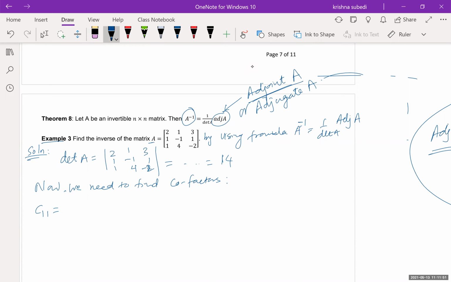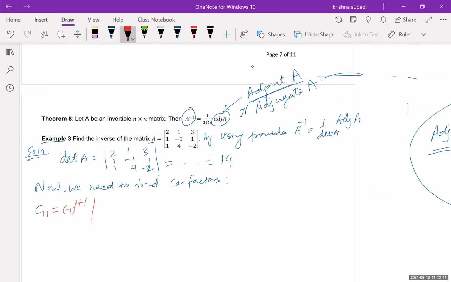For C11, the sign will be positive, right? Because it is negative 1 power 1 plus 1. I think we discussed that in our earlier class. So that will be positive. I simply write positive. Anyway, I can write it that way too.